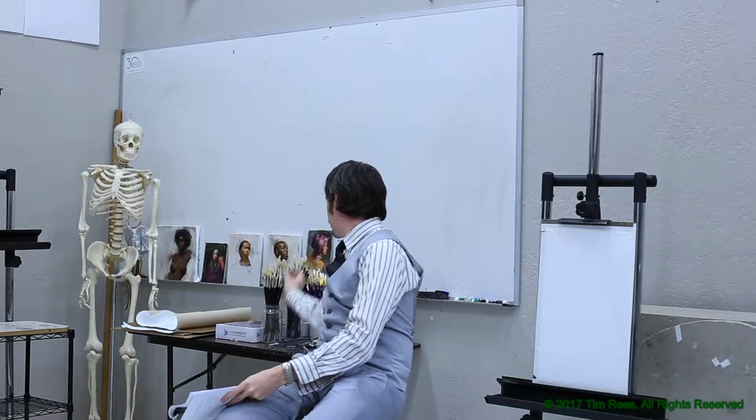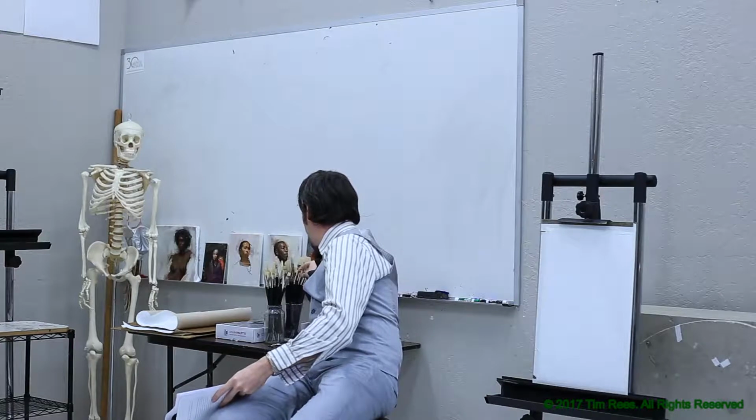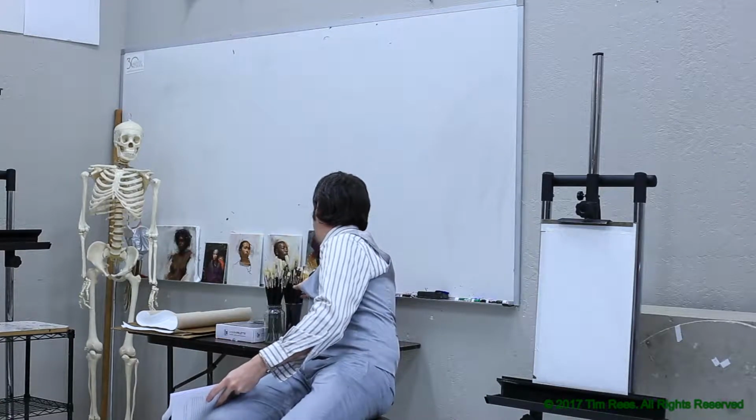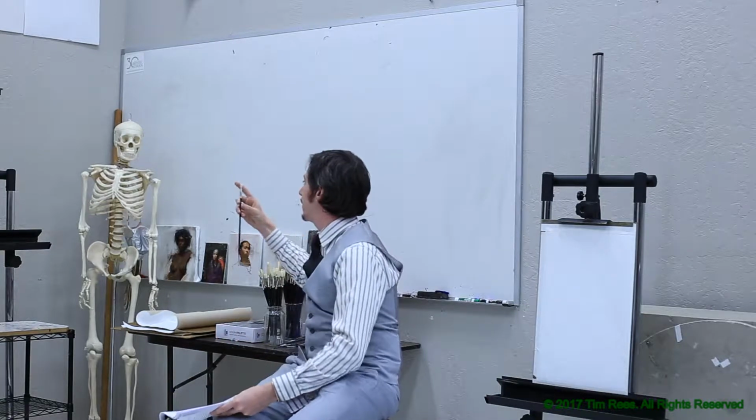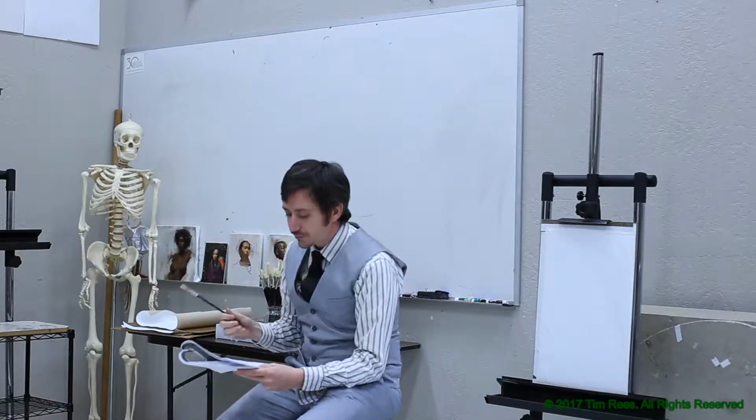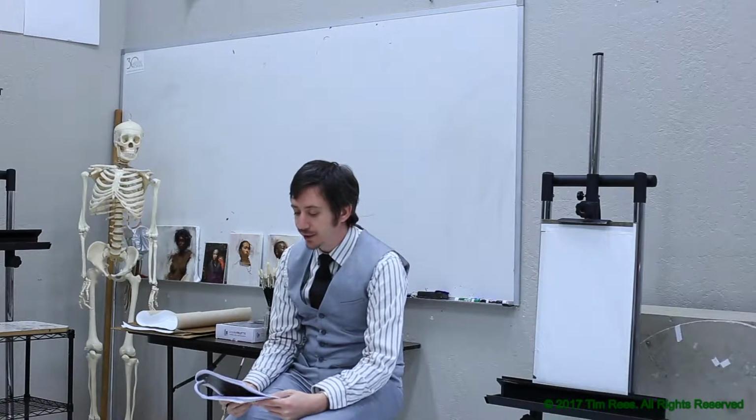The instructions indicate to start with a filbert bristle brush, something like this. That's actually a flat, but that'll be fine. Then make strokes of varying length: a 1-inch stroke, a 3-inch stroke, and a 6-inch stroke.